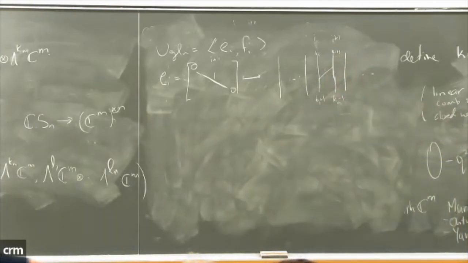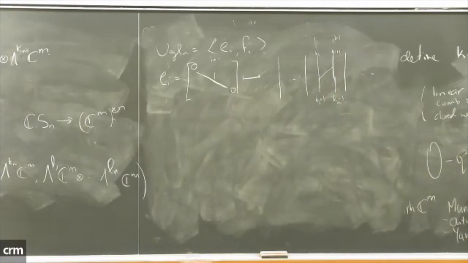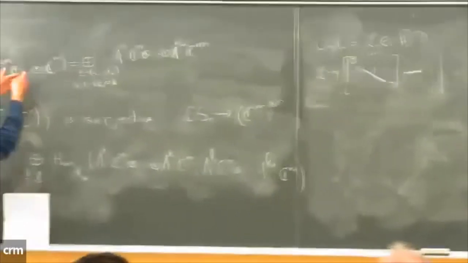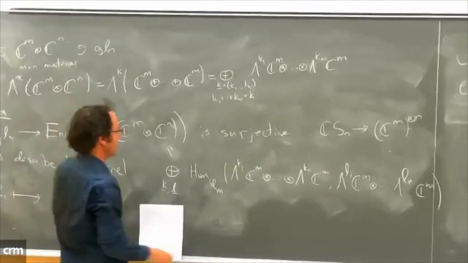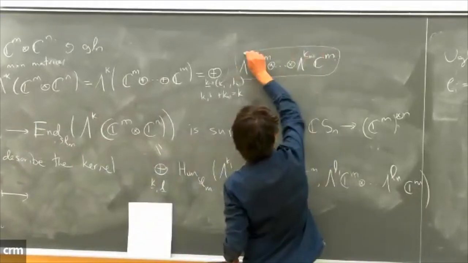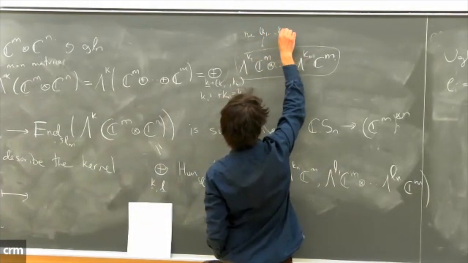To see why something like that should be true: when we did this decomposition, I kind of ignored C^N. But these different copies of C^N correspond to the basis vectors in C^N. So E_i is like taking something from the (i+1)-th basis vector and sending it to the i-th basis vector. Another way of saying the same thing is that this thing here is actually a weight space for the action of gl_N, the (K_1, ..., K_N) weight space.